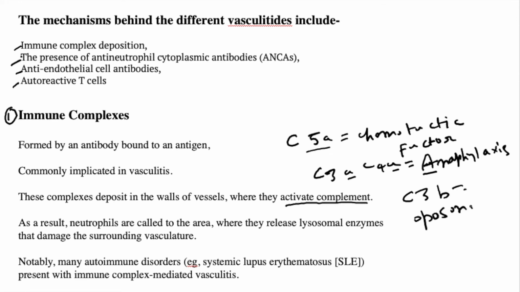It is an opsonin. It enhances phagocytosis. Apart from C3b, there is one more important potent opsonin, that is IgG.